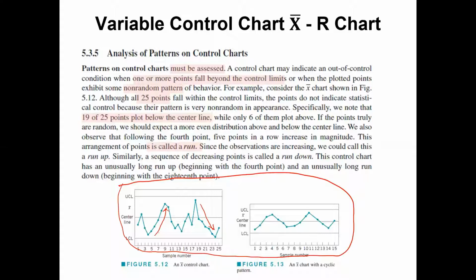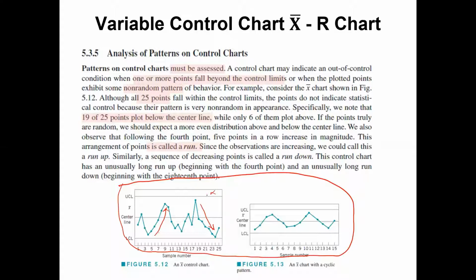So to summarize what I discussed so far, why you need to study the trend of the control chart is because assessing a control chart is not purely assessing whether any point goes beyond the control limit.